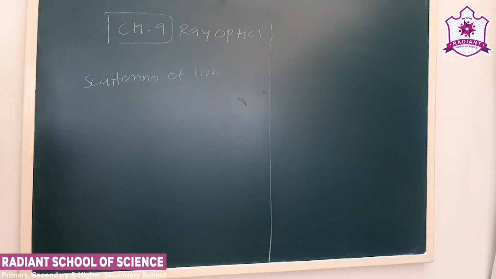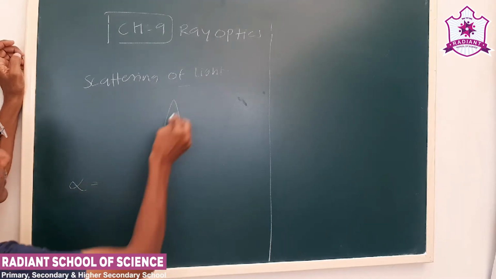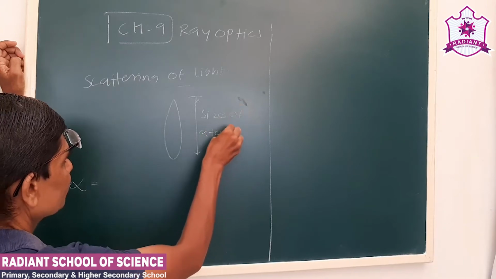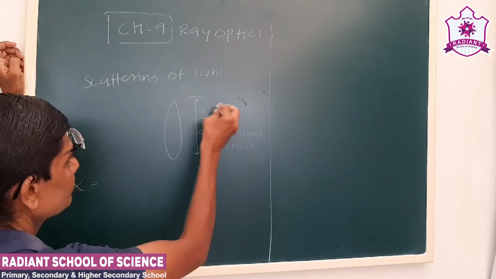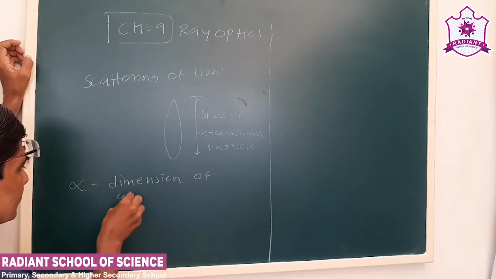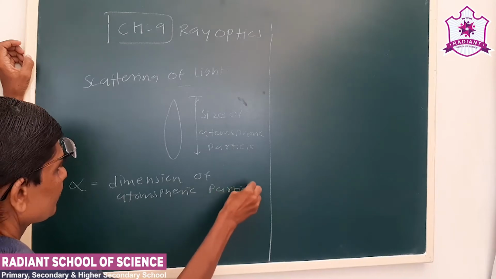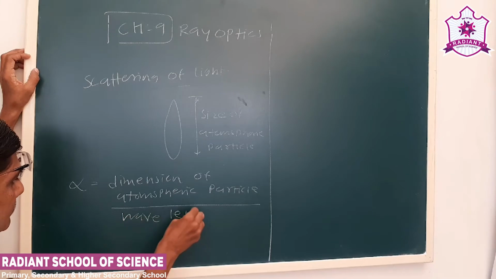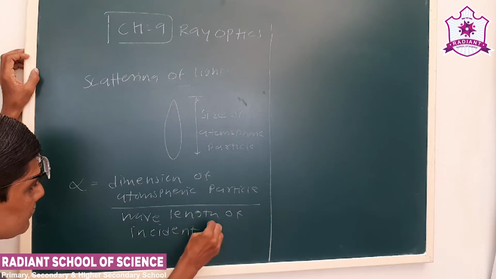Now how much scattering takes place depends on the ratio alpha. See, the size of the atmospheric particle, that is its dimension, upon the wavelength of the incident light.